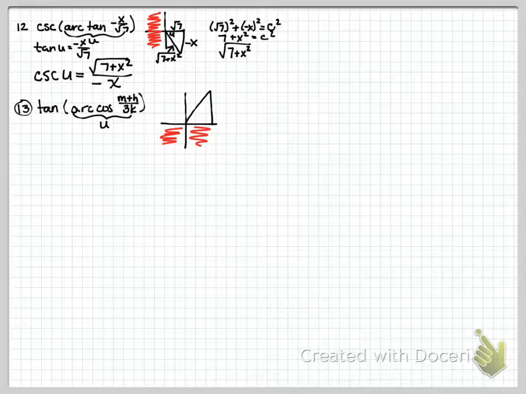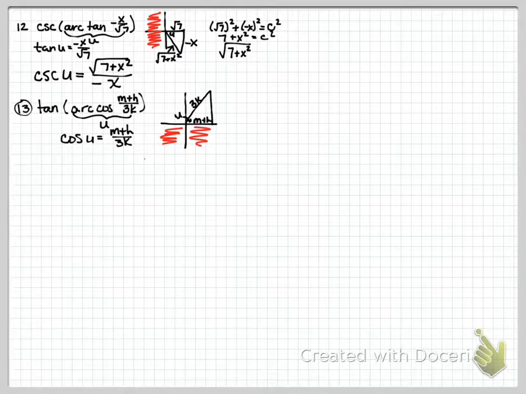Cosine, so the cosine of u equals m plus h over 3k. So my adjacent side is m plus h, and my hypotenuse is 3k. And this angle here is u.